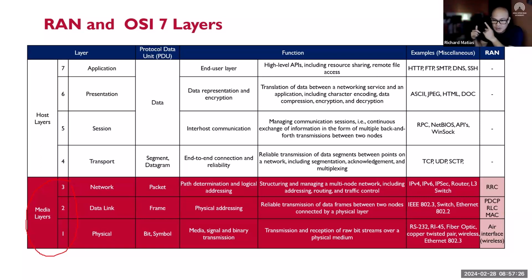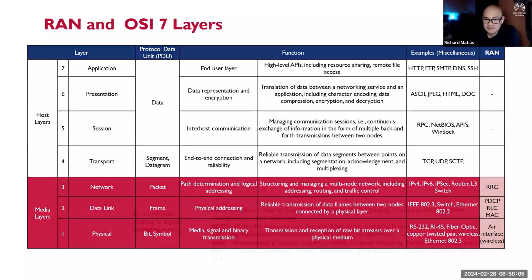From analog, it will be converted by your phone into digital, and for that digital data to be transmitted, it needs to be converted and processed into a usable form so that the system can transmit it on the other side of the network. And that kind of transformation of data involves these protocols. So this is what is happening in the RAN and OSI layers.